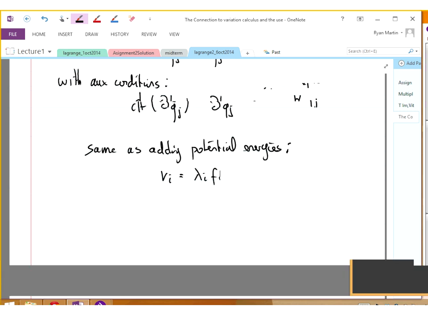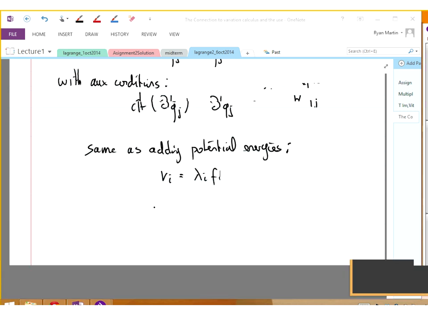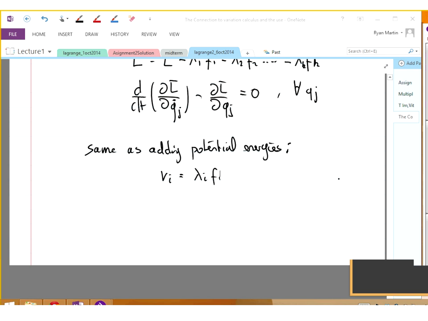If they look just like potentials, then in principle, one could say that they have some force that's associated with them, with generalized forces.